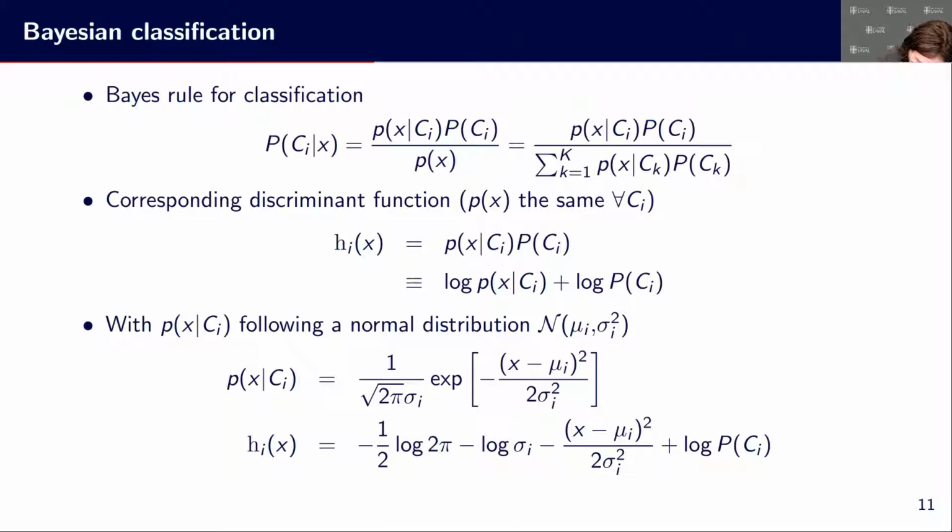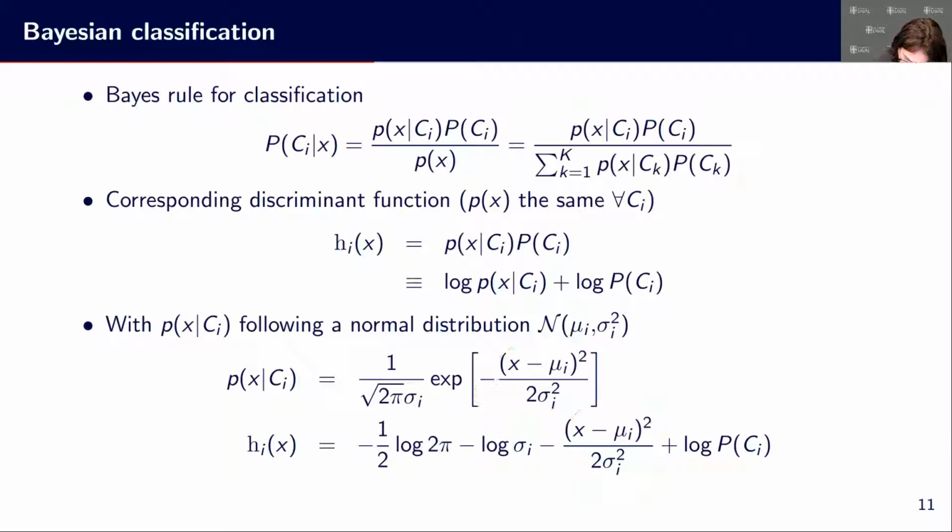Basically, we have minus 1/2 log 2 pi, then minus log sigma_i, then minus (x minus mu_i) squared divided by 2 sigma_i squared, which is what is within the exponential, because the log cancels the exponential.